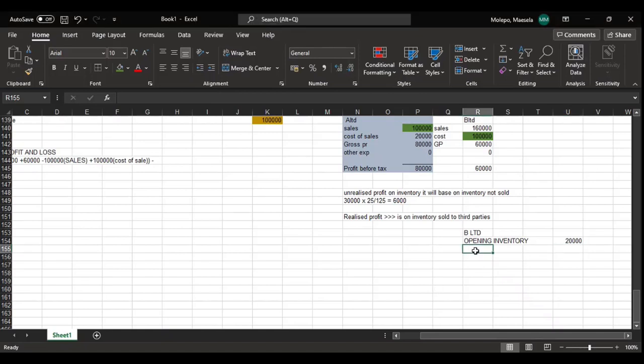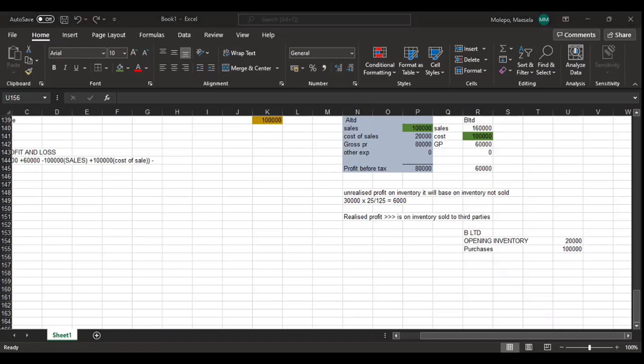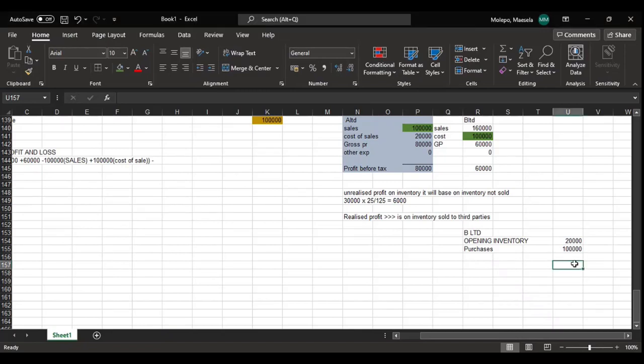So it means purchases, as you see, like I did it here, will be 100,000. Then the closing inventory. When we add these two together, they give us 120. So the inventory sold to the public will be the balancing figure.